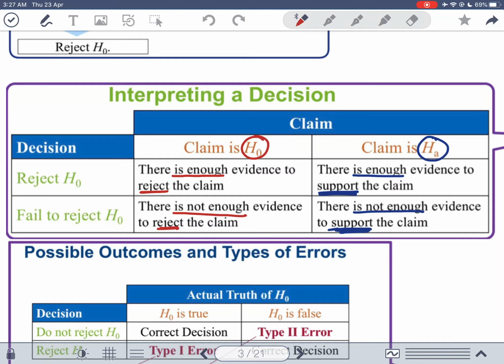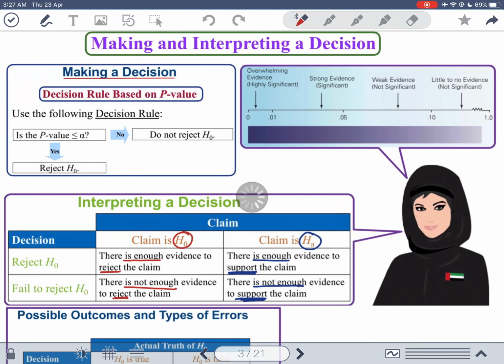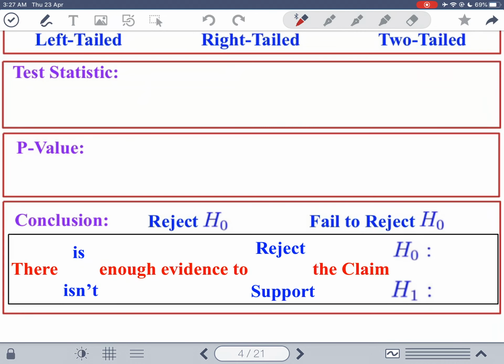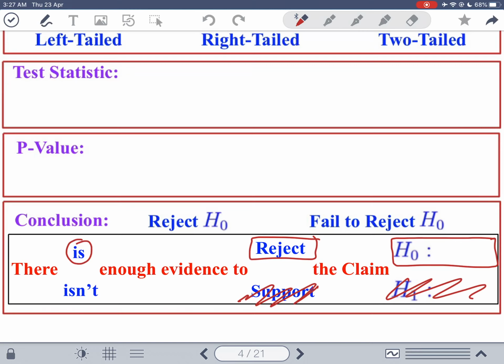So if you go back here, you will see that all of these 4 situations are written here. For example, if your claim turned out to be H0, you can immediately choose reject. So you will take out support, because H0 comes with reject, and then you decide whether there is.